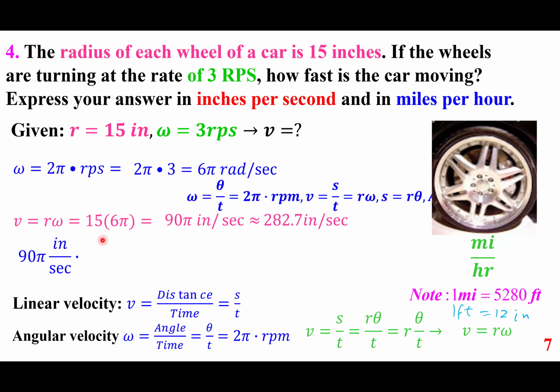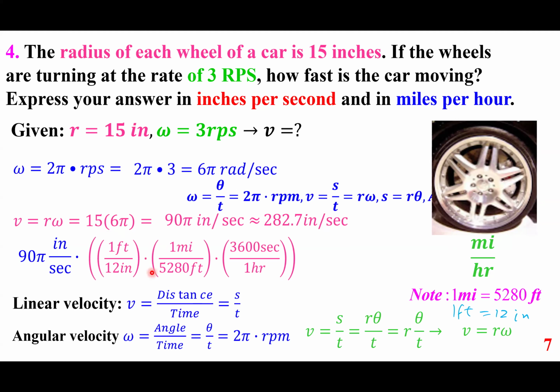So we want to put 1 foot over 12 inches, 1 mile over 5,280 feet. And the timing, remember, 1 hour is 60 minutes. 1 minute is 60 seconds. Therefore, 1 hour is 3,600 seconds.